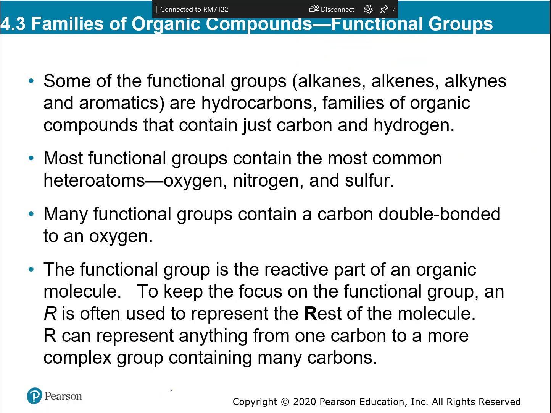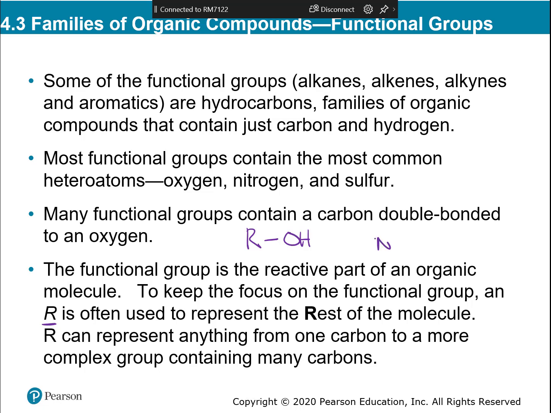there's a chart in your book that shows you these functional groups and puts with it what they listed as an R. So you might see something that looks like ROH. When you look at the periodic table, there is no such thing as an R. So R just means any organic molecule that has this OH group on it.